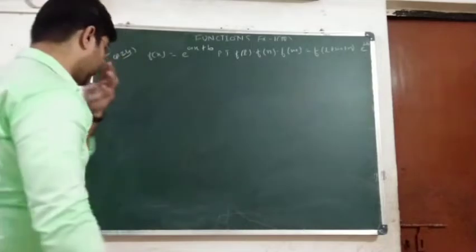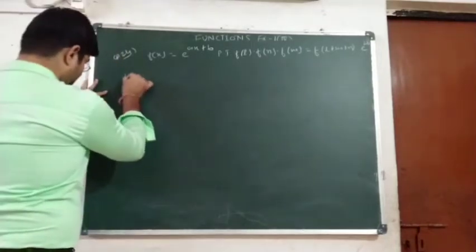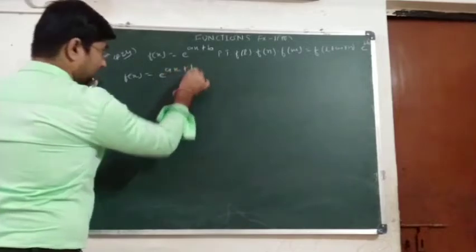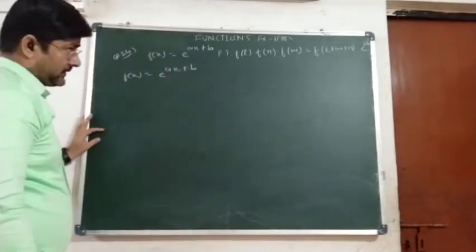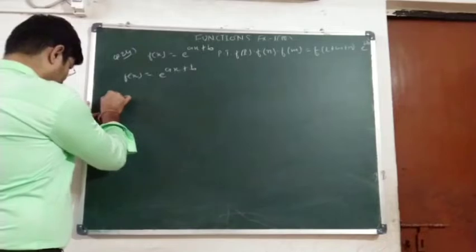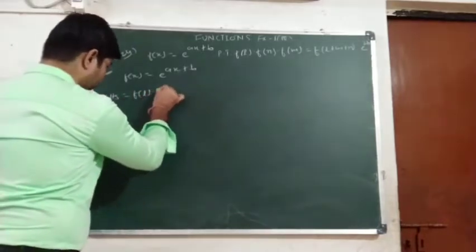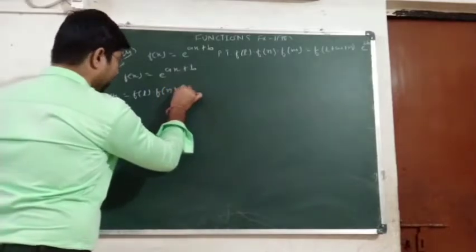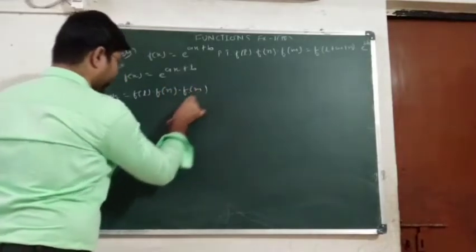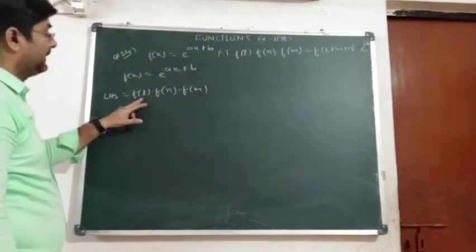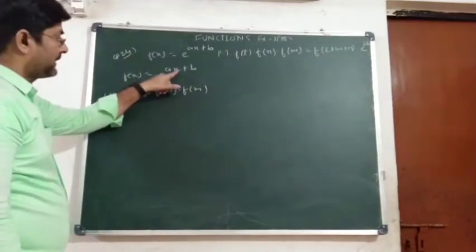Okay, formula of function f of x is given to be e raised to ax plus b. Let us take LHS, left hand side, f of l into f of n into f of m is equal to, now in order to find f of l in the given formula for x we will substitute l.